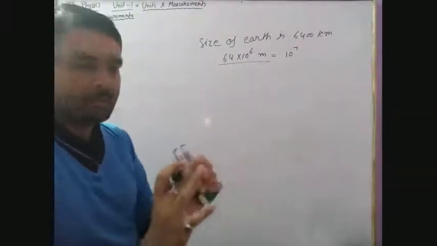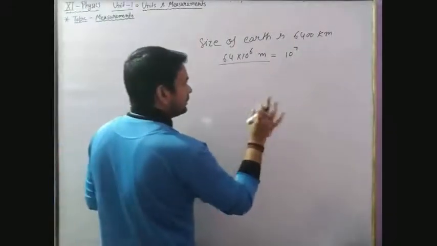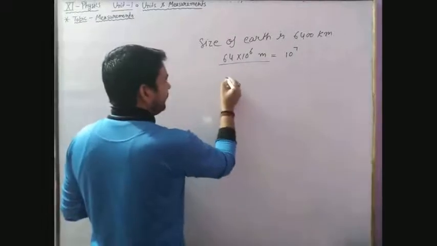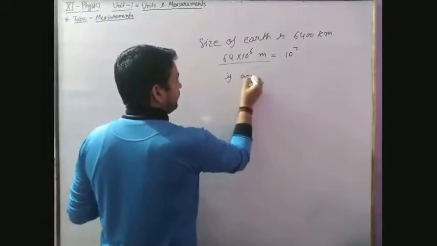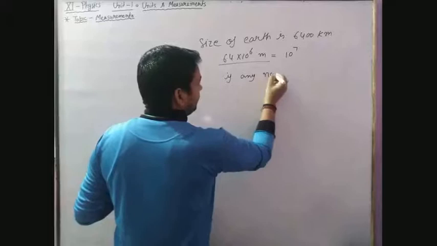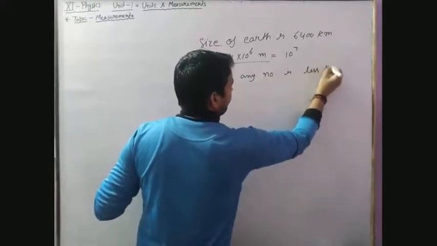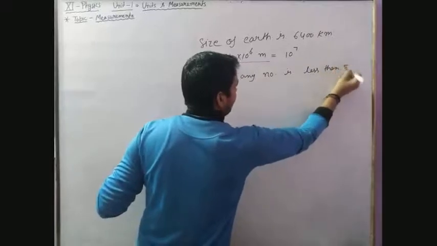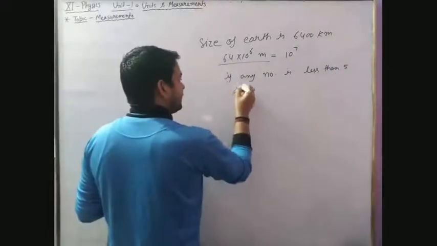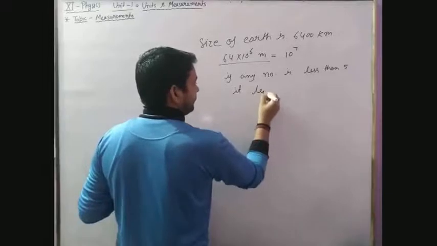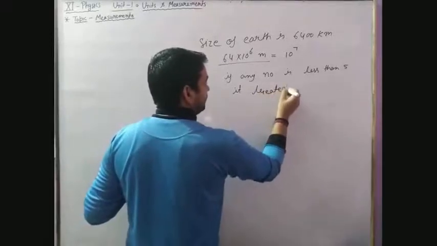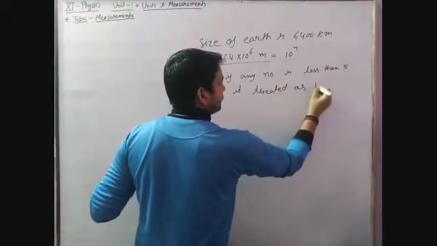Here we have used a rule: if any number is less than 5, it is treated as 1.